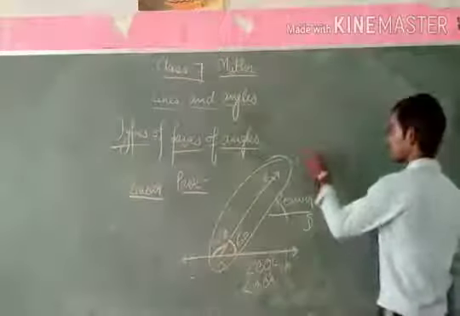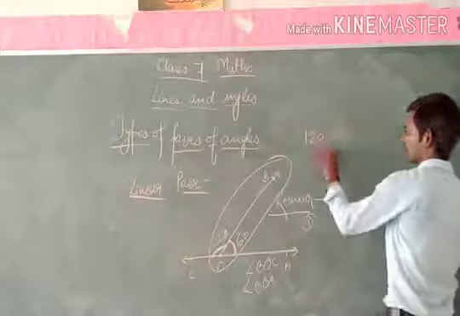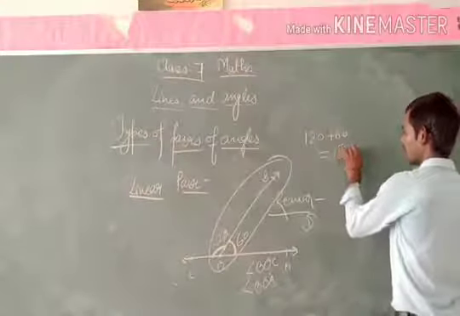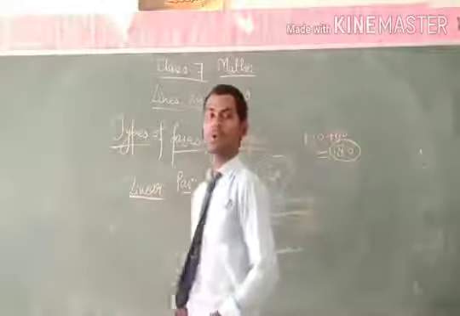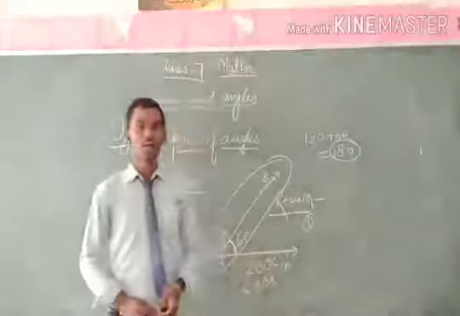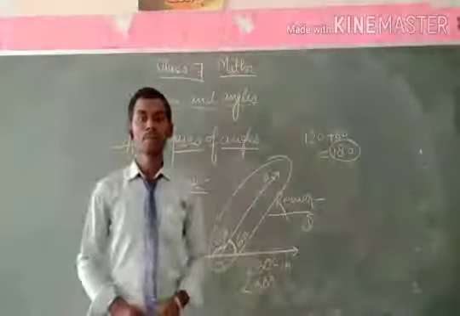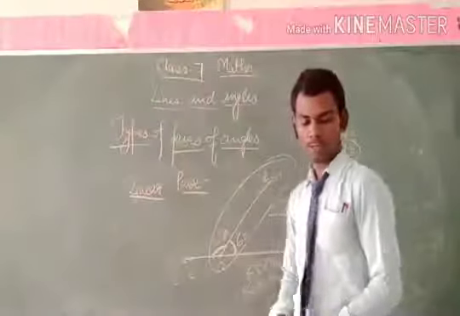If we find the sum of their measures, 120 degrees and 60 degrees, we get 180 degrees. Then according to the definition of supplementary angles, it is clear that a linear pair is also supplementary angles. I hope it is clear to everyone.